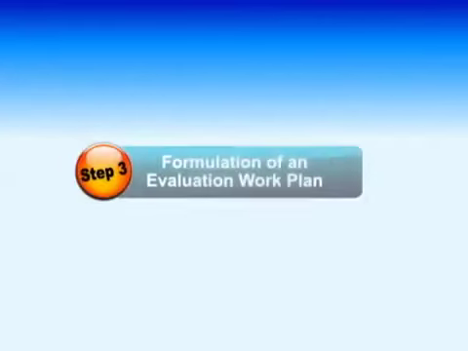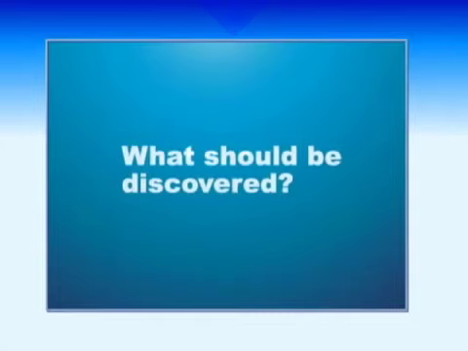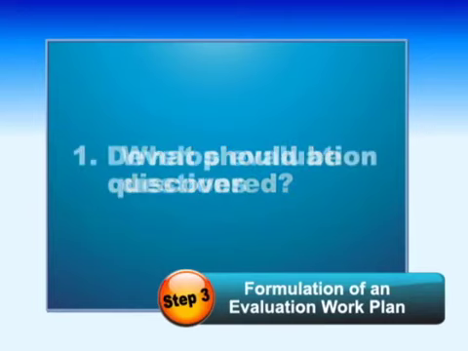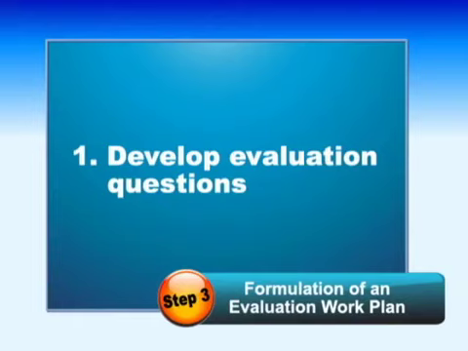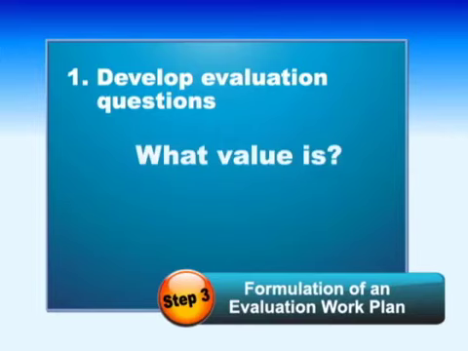Step 3 is formulation of an evaluation work plan. 1. First, consider what should be discovered from the evaluation study and set questions for the evaluation according to the 5 evaluation criteria respectively. 2. Next, give consideration to what value is the program or project expected to obtain.